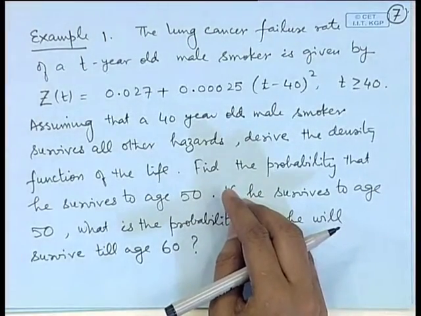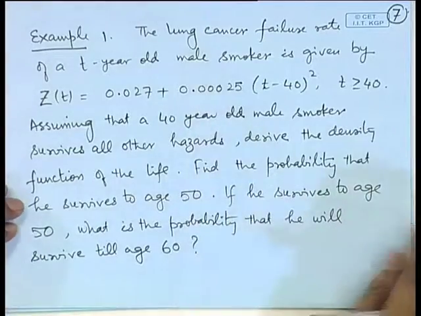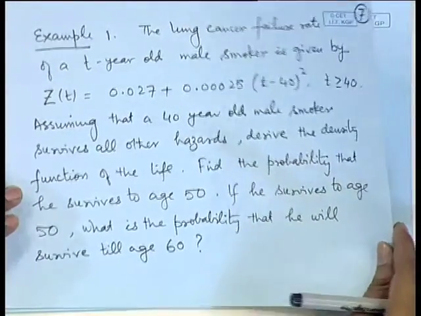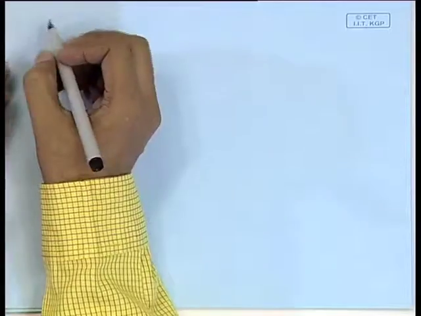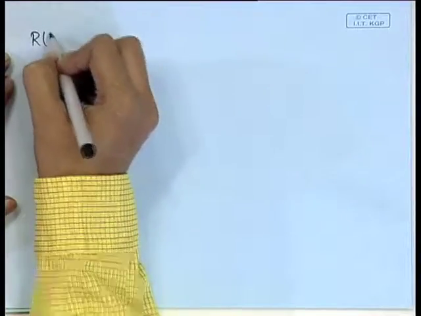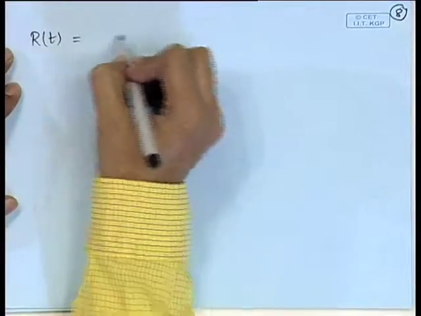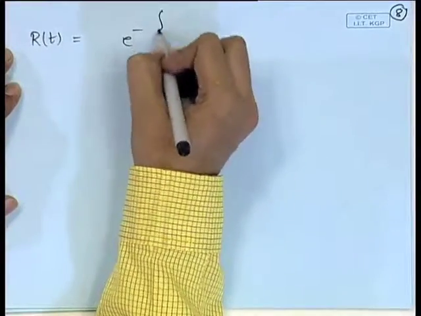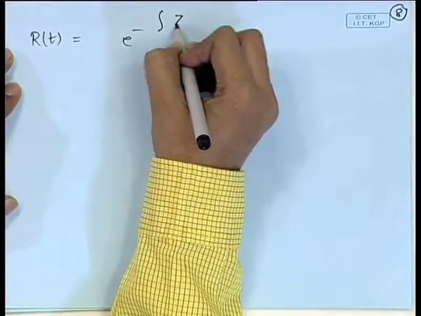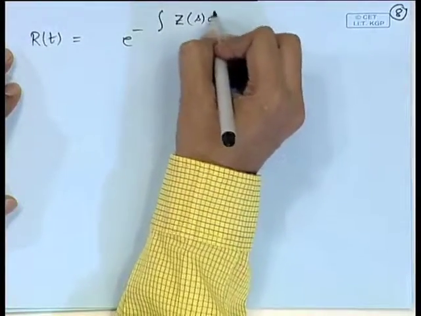So, consider here R t. R t is equal to e to the power minus integral of z s d s.